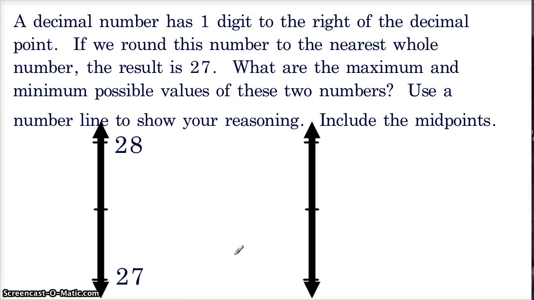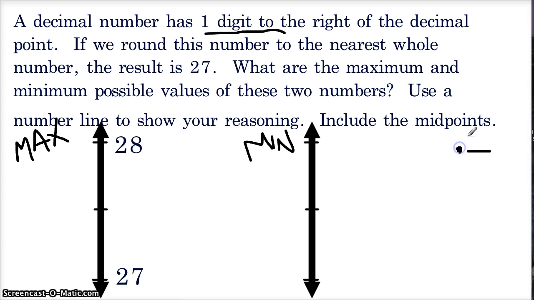I've drawn my number line and I've started by including a couple of numbers here. The number line to the left is going to represent my maximum number. This one over here is going to represent my minimum number. The number had one digit to the right, so it had something in the tenths place.